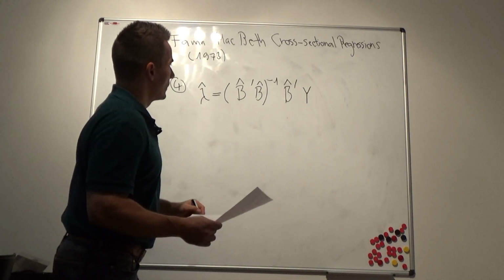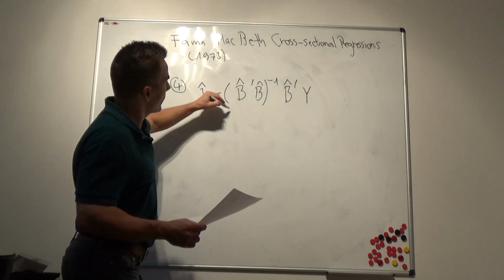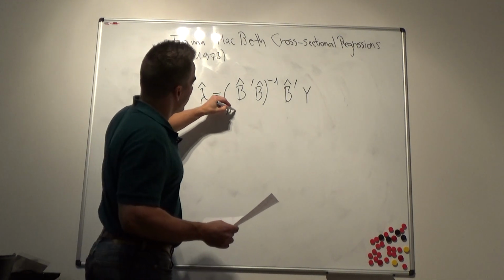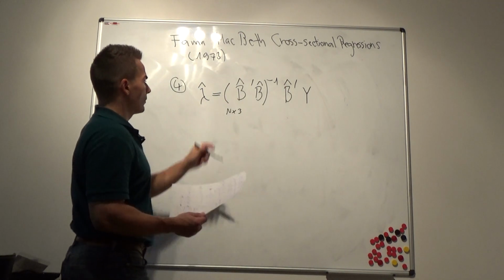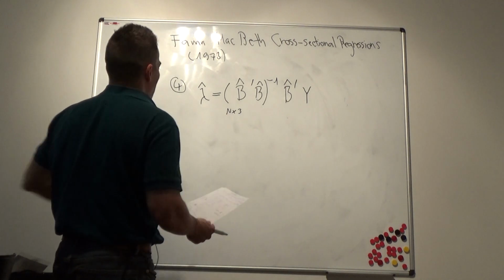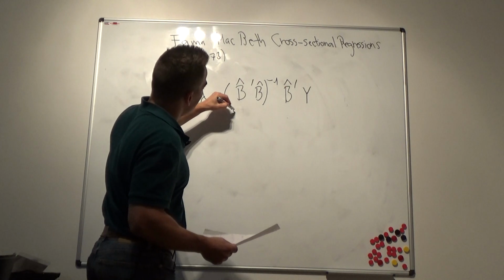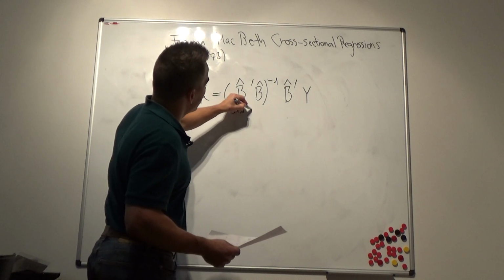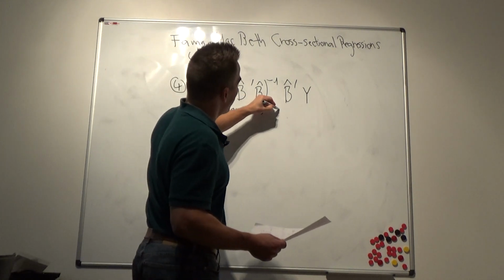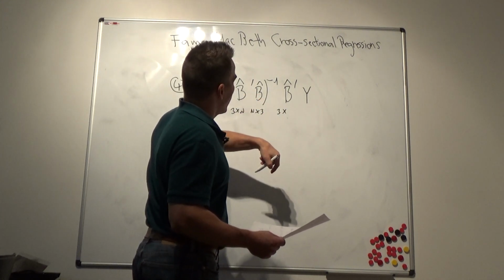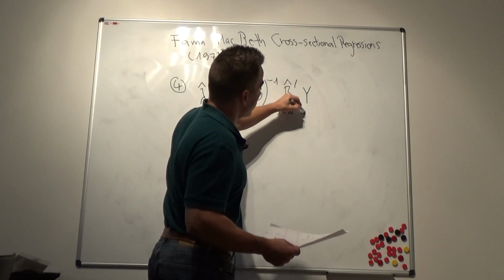In our case, remember, beta hat is an n by 3 matrix, so because it's transposed, this matrix becomes 3 by n. Beta is n by 3, beta transposed is 3 by n. And our capital Y is n by 1, right?